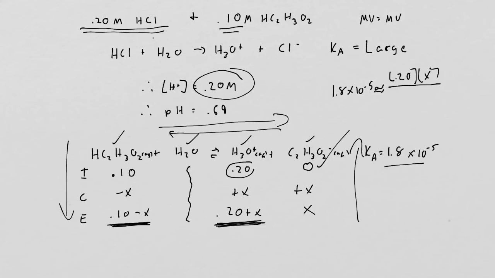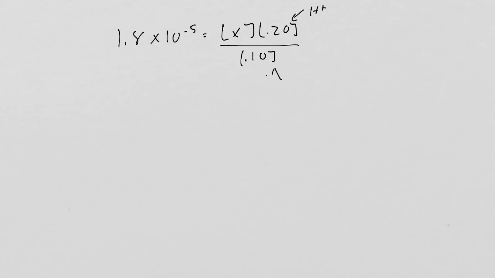We have X, and on the bottom here we have 0.10. And we do the calculations for this. I'm going to rewrite on the other side here. So you have 1.8 times 10 to the minus 5 equals X times 0.20 over 0.10. And make sure that this is our H plus and this is our HA.